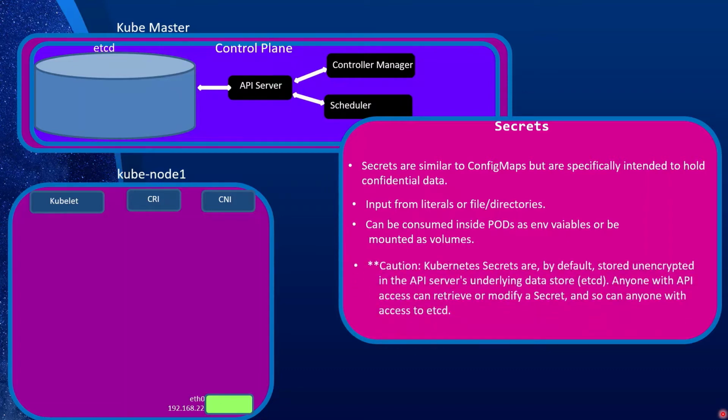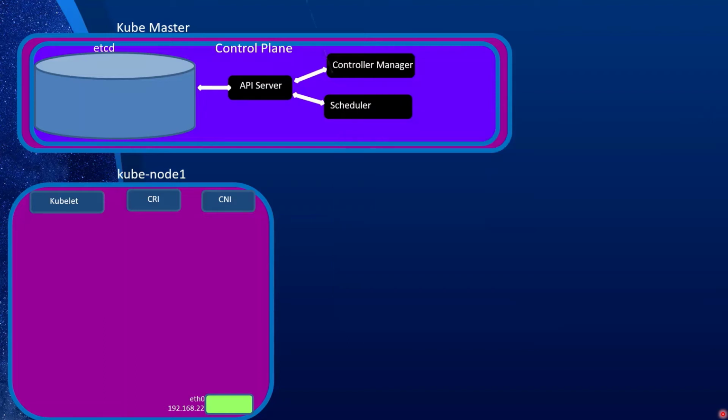A big caution here is that Kubernetes secrets are not encrypted by default. They're only encoded using base64. So anyone with API access can retrieve and manipulate the information. To be safe, you need to encrypt the information, and I'll provide you one way you can encrypt the secrets in Kubernetes as part of our demo.